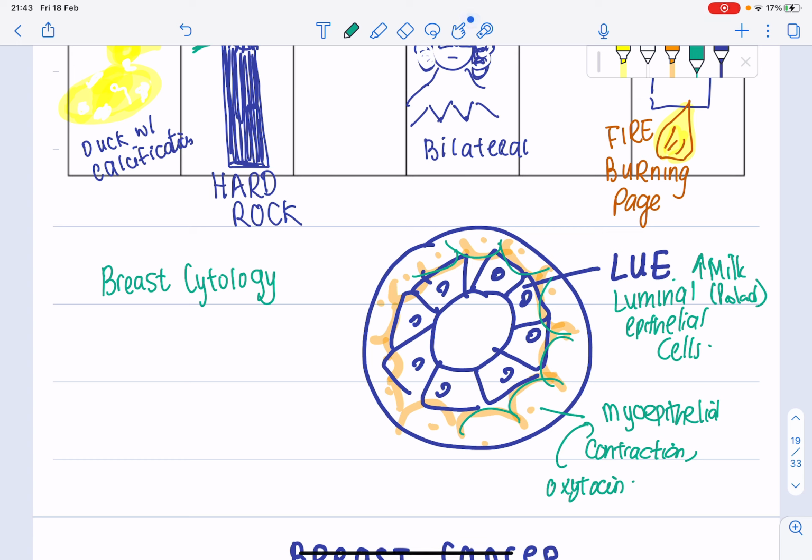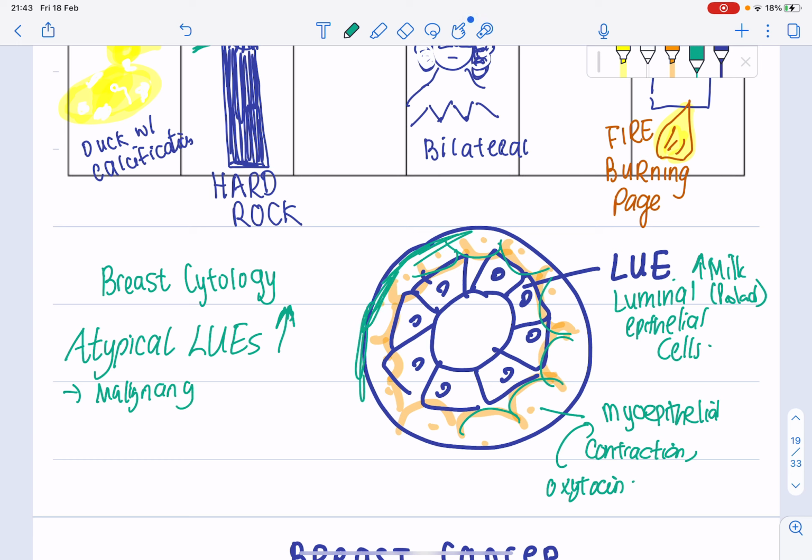Now, the way that you can get malignant breast cancer is basically you have atypical luminal epithelial cells. As your atypical Louis rise, that is going to cause increased risk for malignancy. And here, by the way, is your basement membrane.